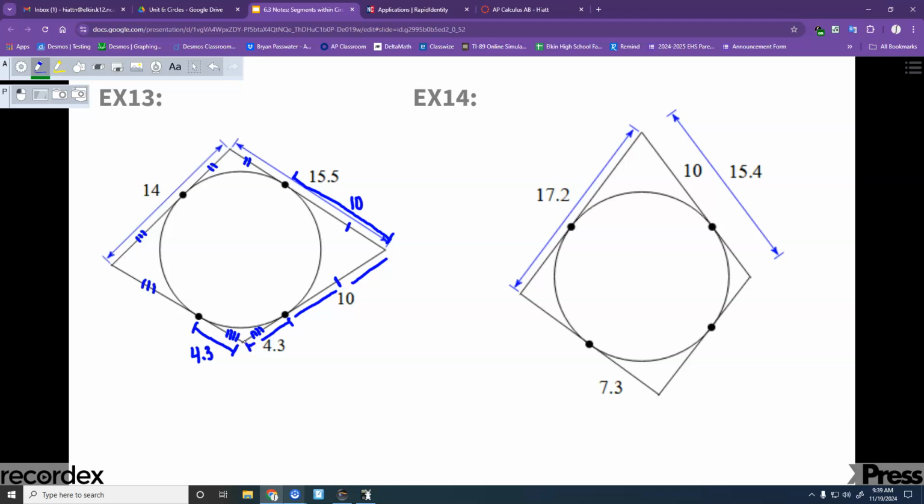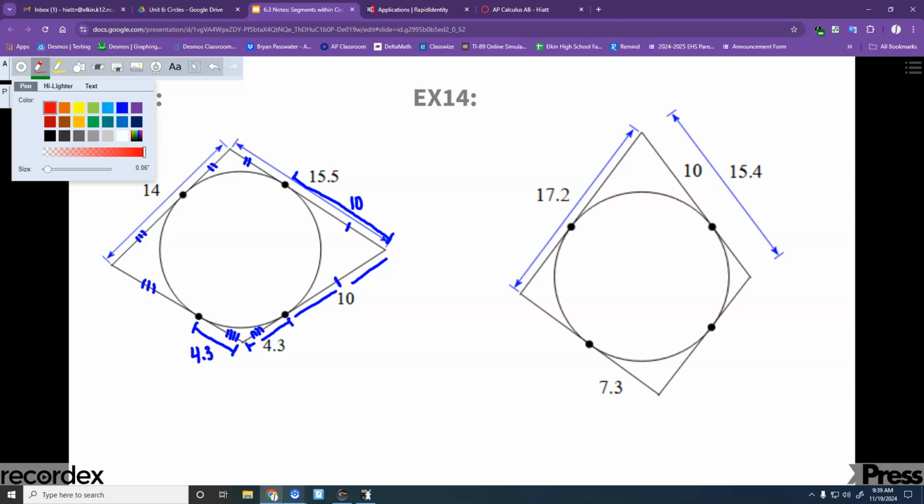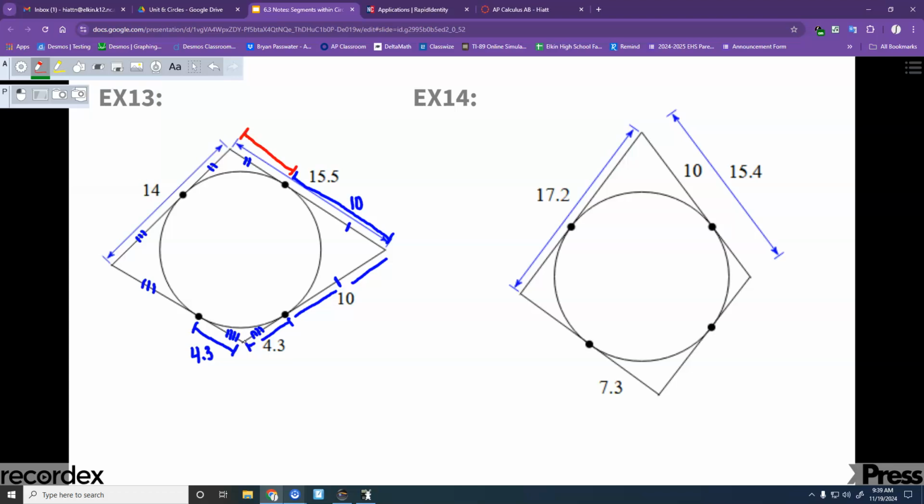Also 10, right? That makes it where we can find this piece right here. What would that be? It's going to be 5.5 because the whole thing has to add up to be 15.5, right? So if we do 15.5 minus 10, we'll get 5.5. Well, if that is 5.5, this piece is 5.5.